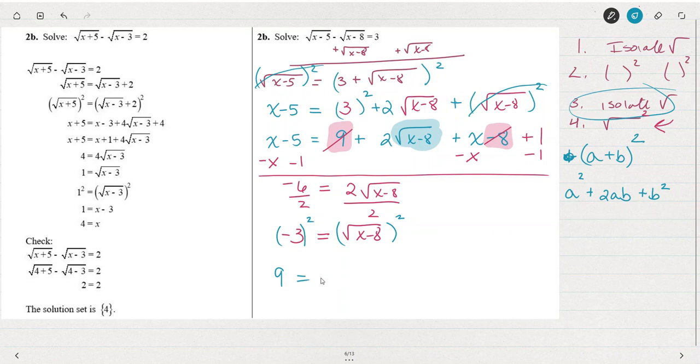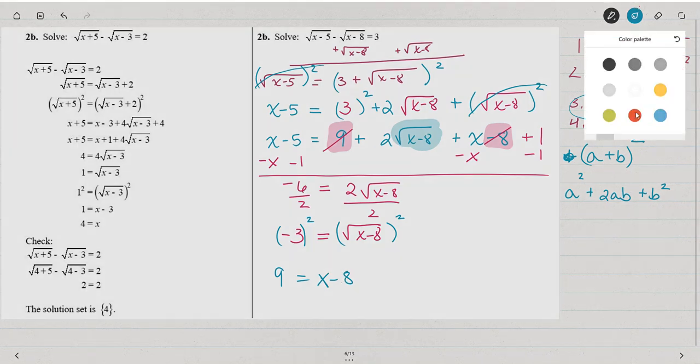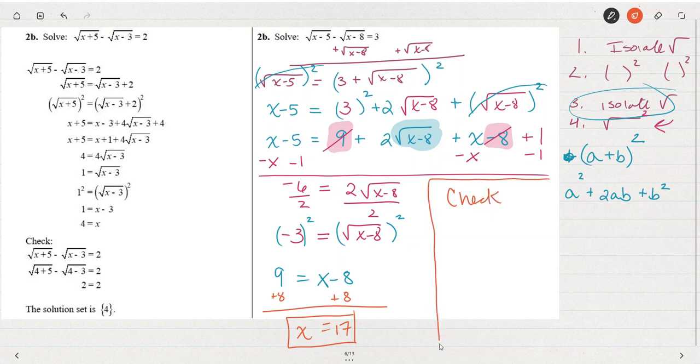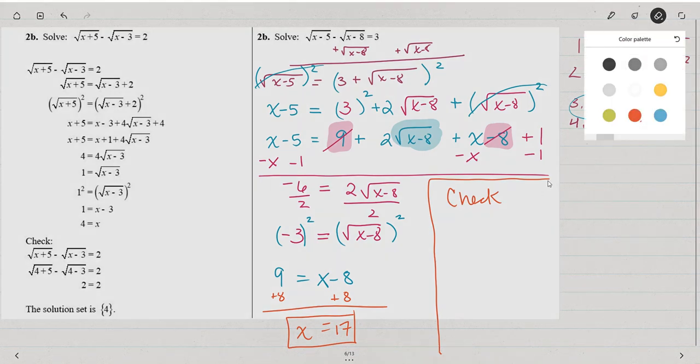Square of the square root is the radicand. And now if I add 8 to both sides, ta-da, I've got x equals 17. Well, I need to check that, because radical equations can sometimes have some strange results.